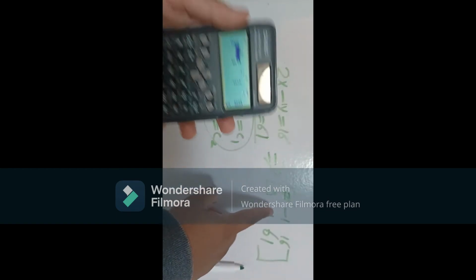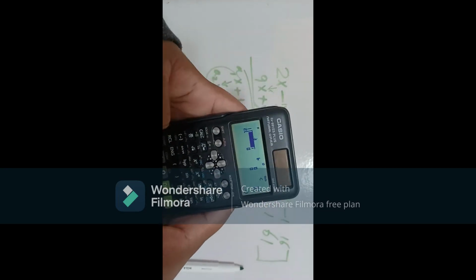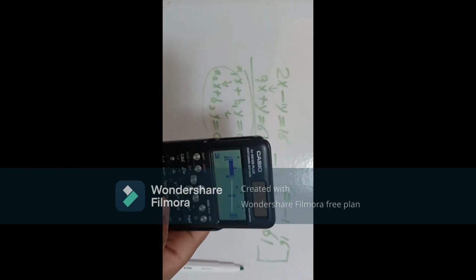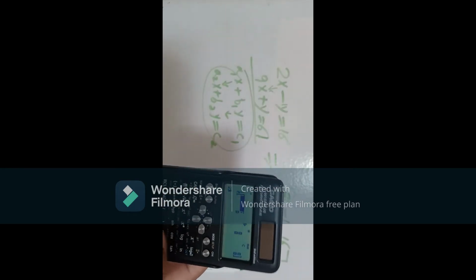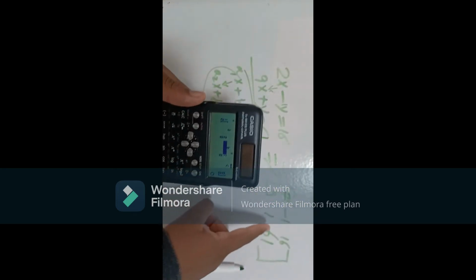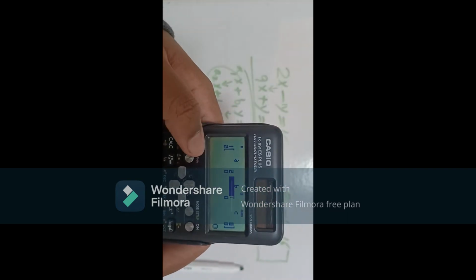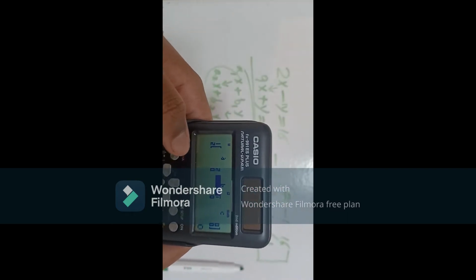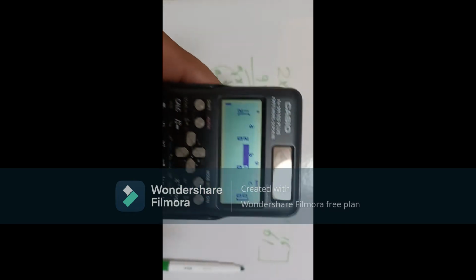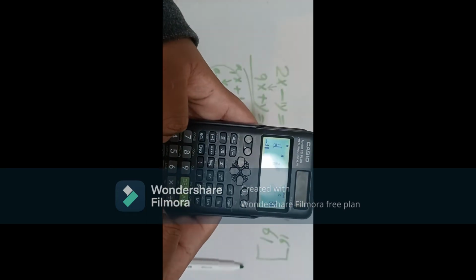So we're going to put this in the matrix. Let's begin with the first one, 2, and then we hit equal. And then the next one is negative 1.